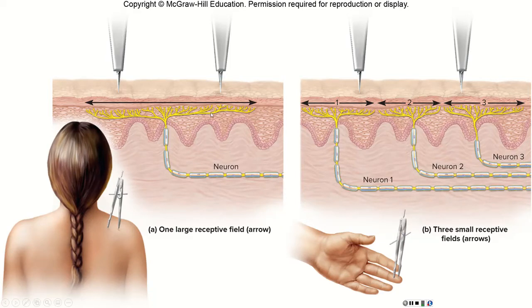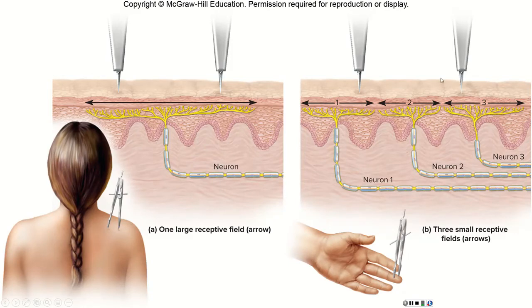But in certain parts of your body where you need to have some discrimination, like we see here on the fingers, each neuron covers a very small area. So we could take those same 2 points and touch, and here we can see this one on the left is stimulating this neuron, this one on the right is stimulating this neuron, so we're going to feel 2 points.